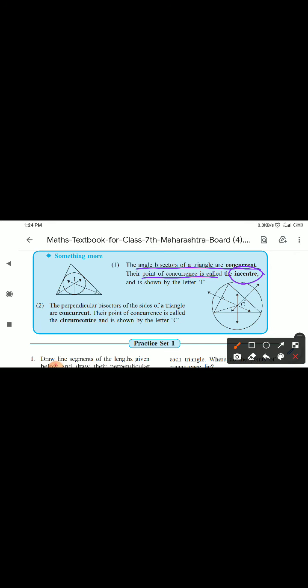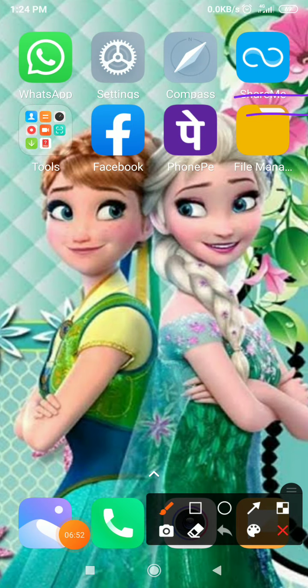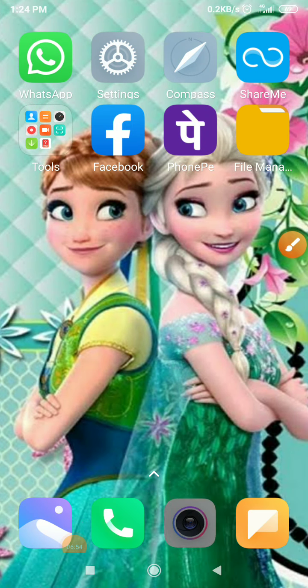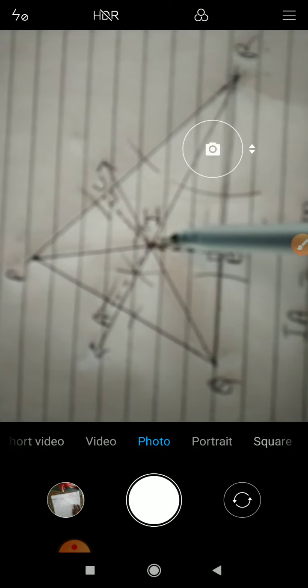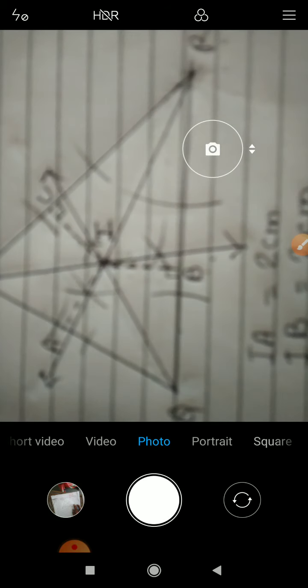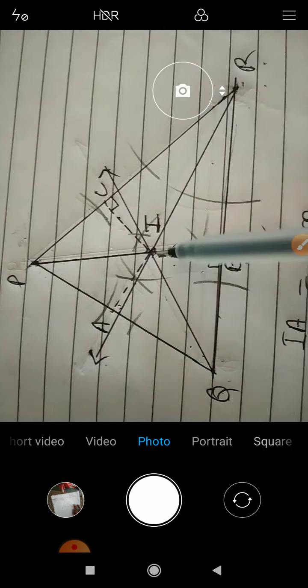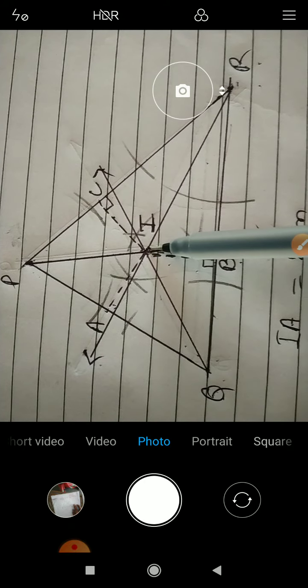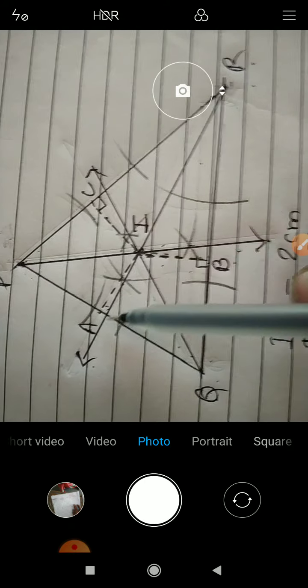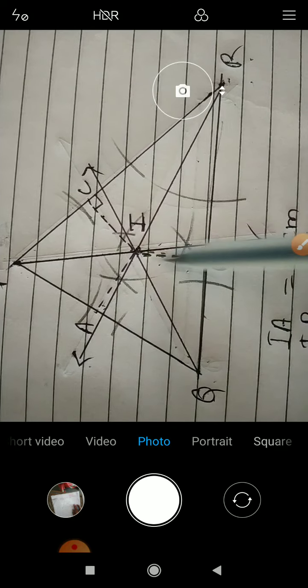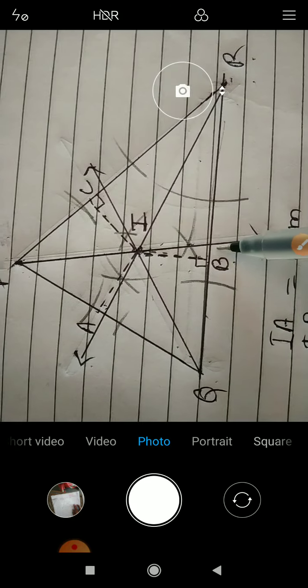Okay, so just move towards the camera. So here is the figure of what I told you, the property of angle bisectors. All the angle bisectors are concurrent, means they are passing through a single point, and the point is equidistant from all the sides of the triangle.